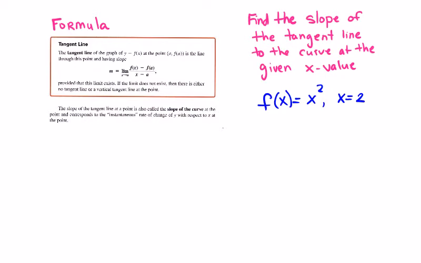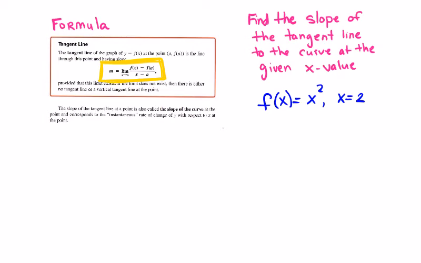So the formula for the derivative that we're going to be working with today is the following. If we just read this, the tangent line of a graph y equals f of x at the point a comma f of a is the line through the point having the slope of the limit as x approaches a of f of x minus f of a all over x minus a.